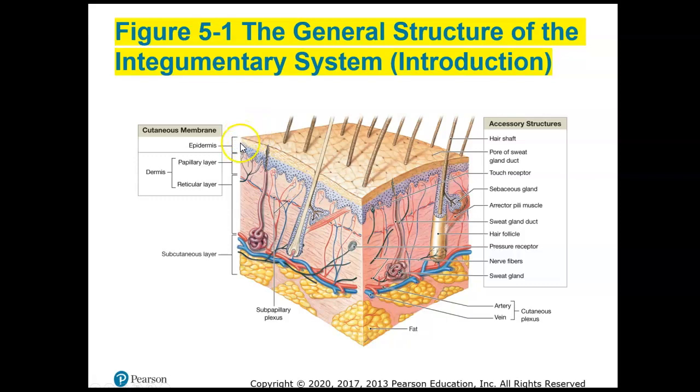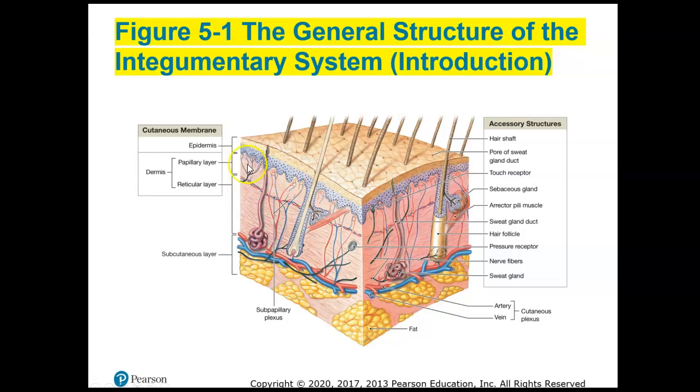So the top layer, the epidermis, remember, is composed of stratified squamous epithelial tissue. And that's going to go from the very top keratinized layers all the way to the stratum basale, which is in this kind of bluish purple layer here. And the epidermis ends at the purple wavy line here.